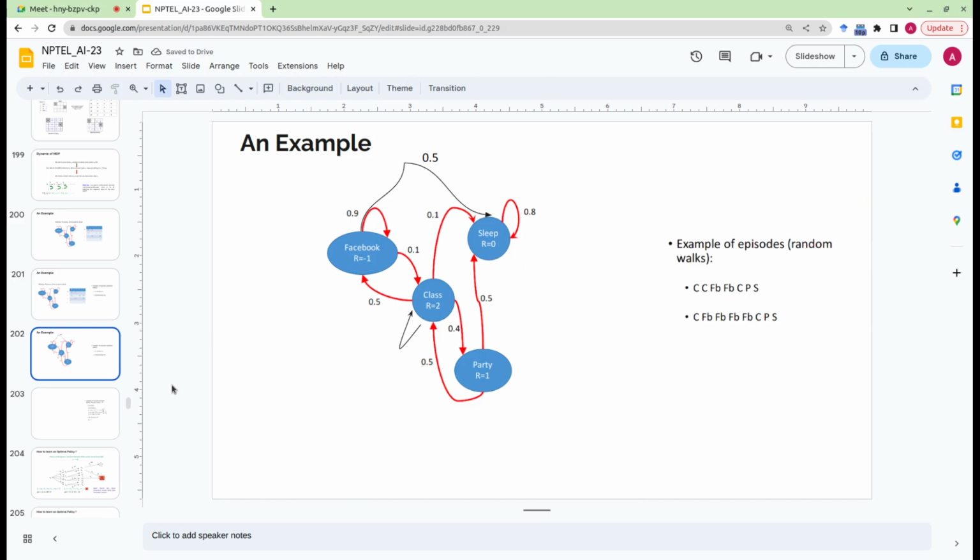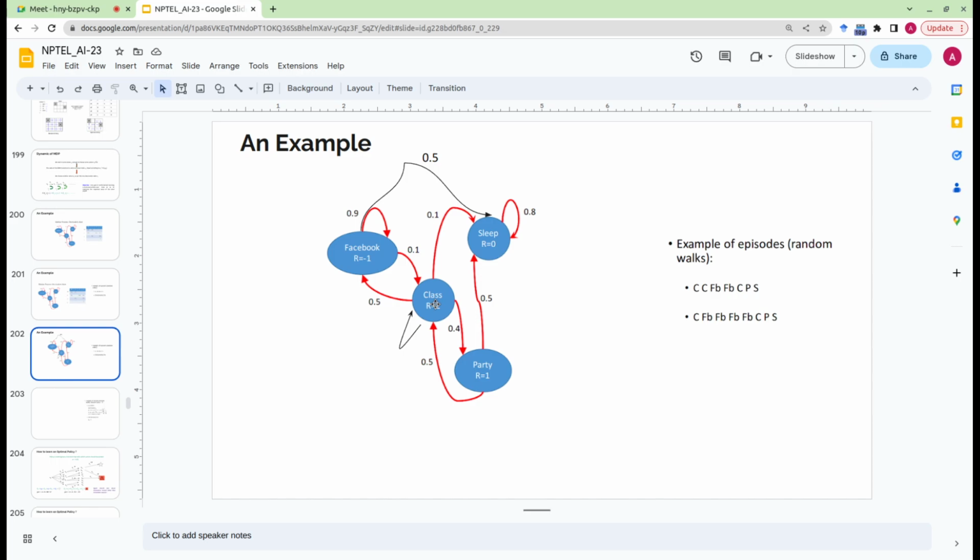And I was also wondering why they have given C to C in the random path itself if there is no way to go. From C to P it's 0.5.